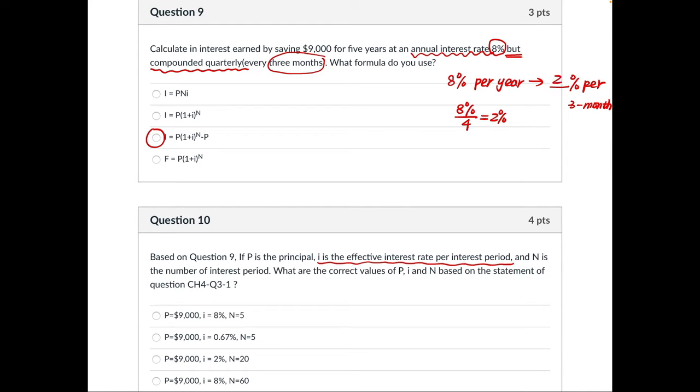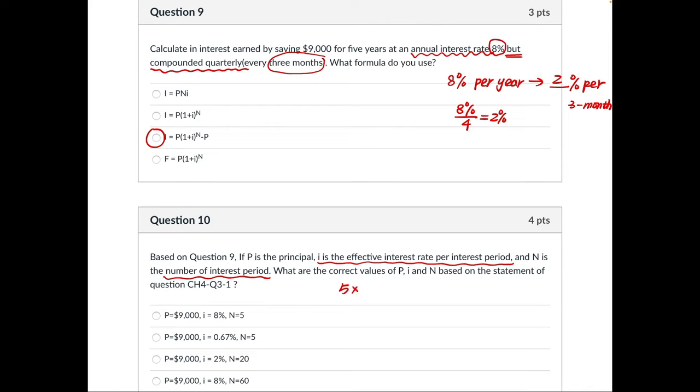And N is the number of interest periods. It's not necessarily the number of years. It depends on how frequently you compound it. If you compound it every quarter, it's the number of quarters during the many years. So during the 5 years, how many quarters do you have? You have 5 years, right?